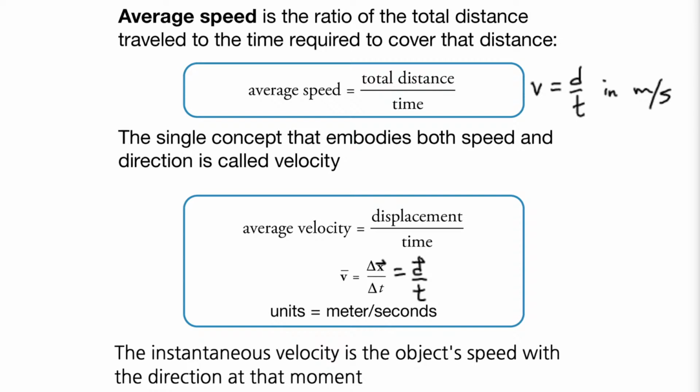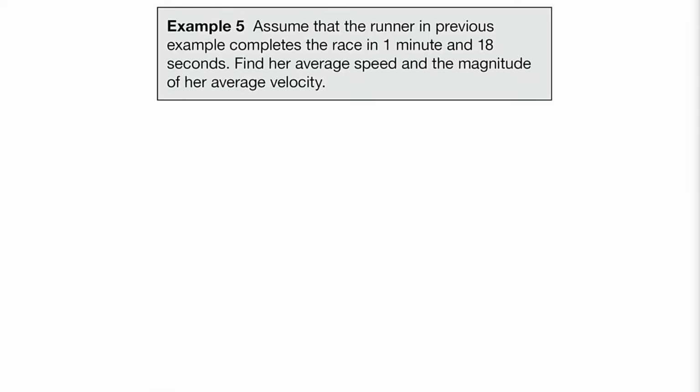So let's think about that in terms of our runner going around the track. Let's assume our runner in that earlier example completes that one lap in 1 minute and 18 seconds. And what we need to do is find their average speed and average velocity. Well, looking at the time frame, we've got 1 minute and 18 seconds. So I've got this mix of units now, minutes and seconds.